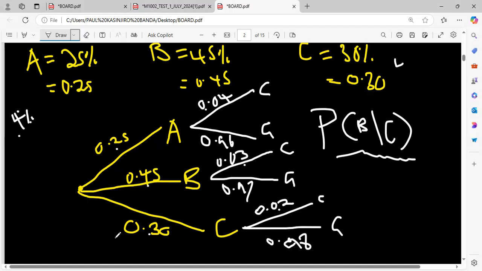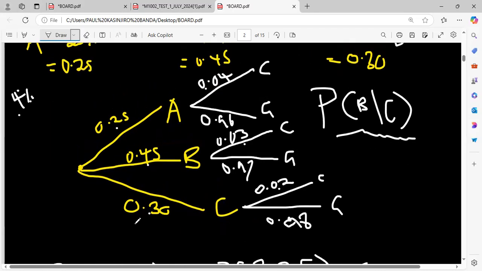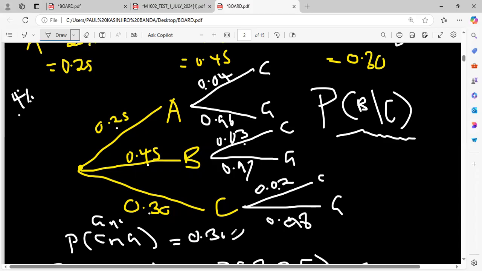This is the probability that it comes from C, and this is the probability that it is good given it comes from C. So the probability of it coming from lab C intersection good, which you can also write as good intersection C, is equal to 0.3 multiplied by 0.98.